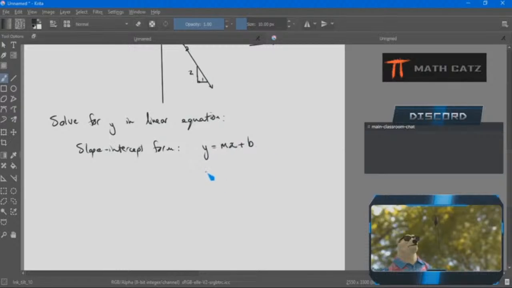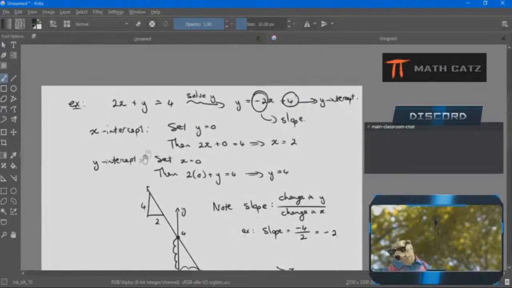An alternative to the general form that, in my opinion, is a little bit more useful, because the numbers that feature in that equation directly correspond to properties on the graph, whereas the original general form of the linear equation doesn't show me immediately what those numbers mean. I had to do a little bit to find out what all these numbers are, especially if there's something in front of the y.